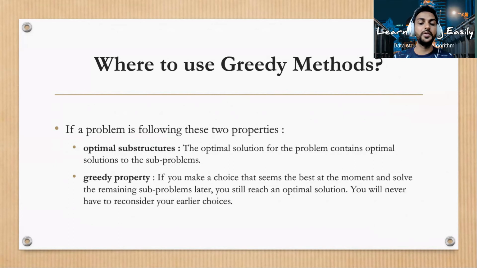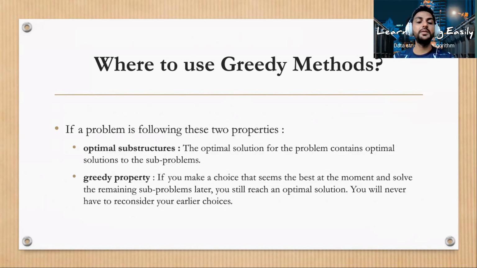Second is the greedy property. Now what is the greedy property? If you make a choice that seems to be best at the moment and solve the remaining subproblem later, you still reach an optimal solution. You will never have to reconsider your earlier choice. What it means is, let's say you want to go from point A to point B, and at point A, you will choose the best possible path based on some criteria.